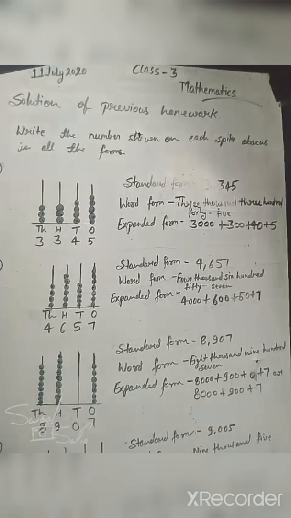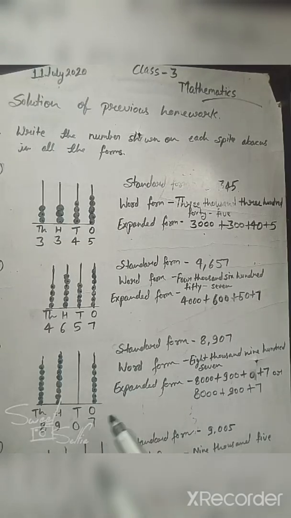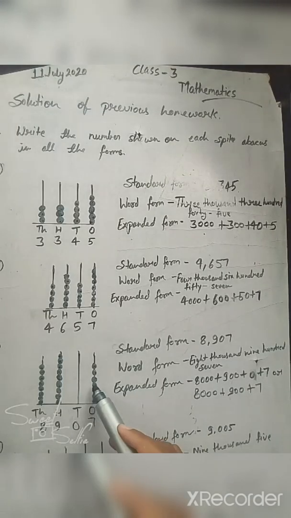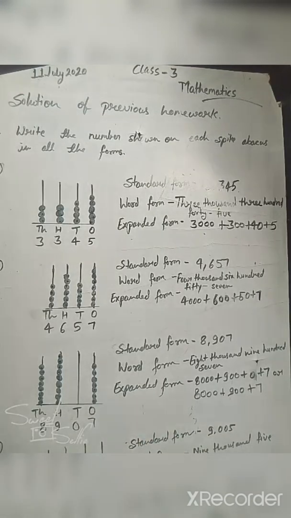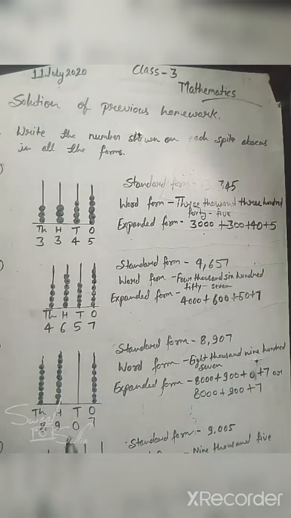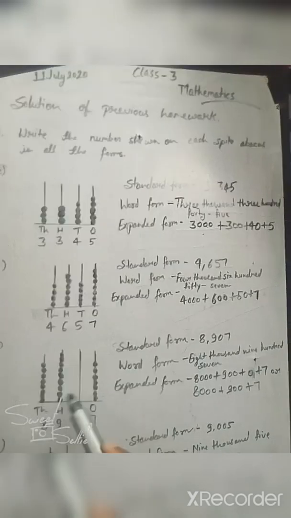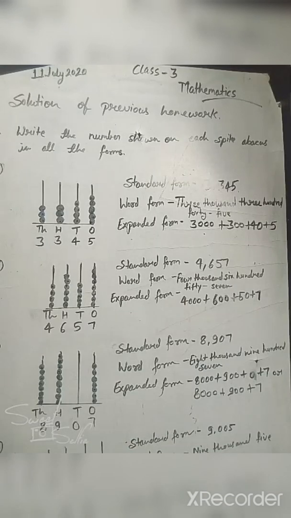So let's see another number, E. In E, at ones place, here also 1, 2, 3, 4, 5, 6, 7 beads, and at tens place there is no bead. We can see at tens place there is no bead, so we will write here 0. 0 means no beads.